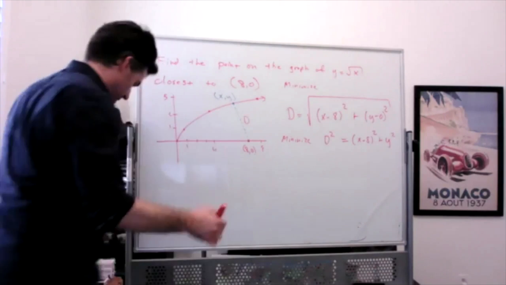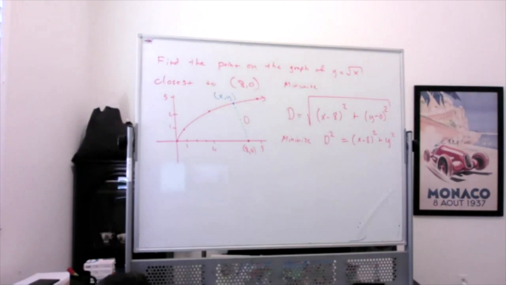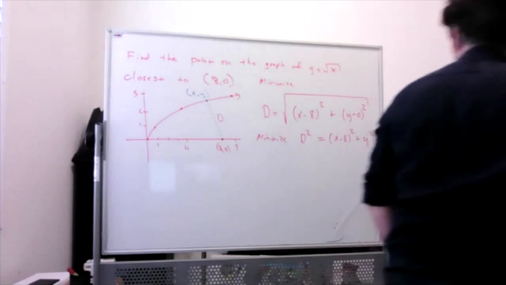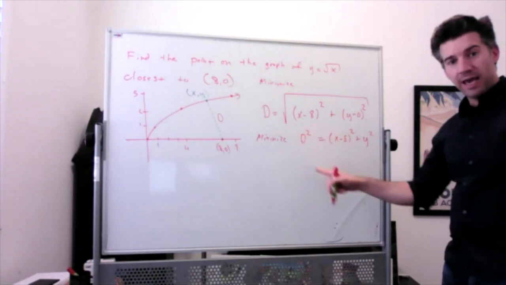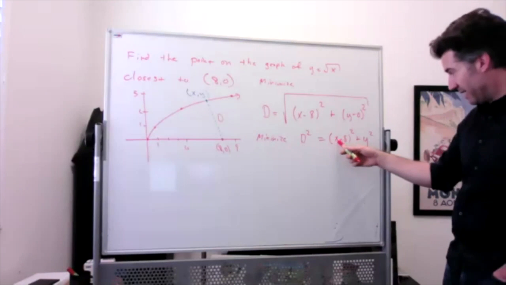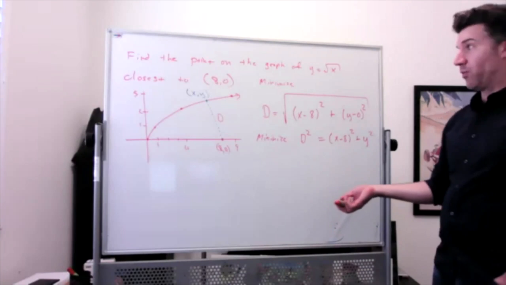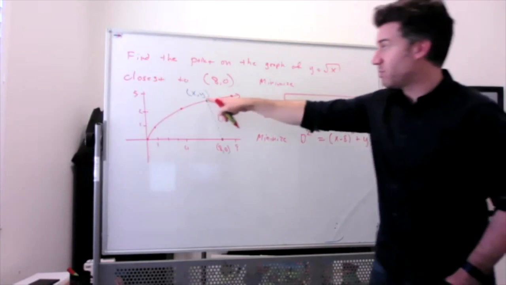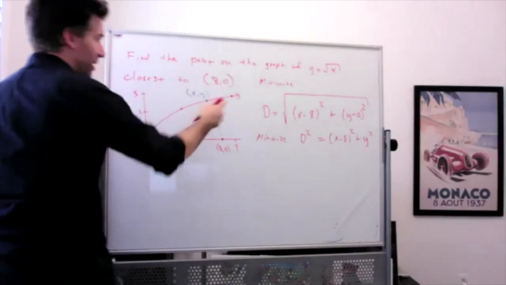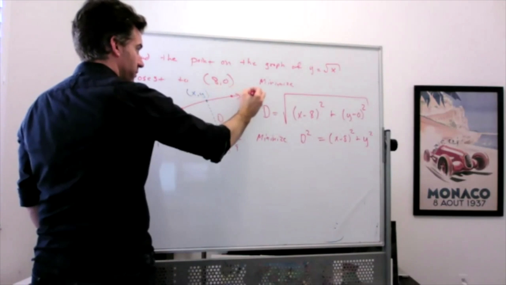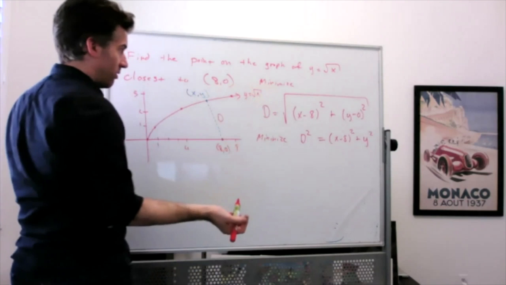The second thing is that, again, we're trying to minimize something. There's an x and a y. We would like there to just be one variable. And we're going to do that by using the fact that this point, (x, y), is on this square root function whose equation is y equals the square root of x.